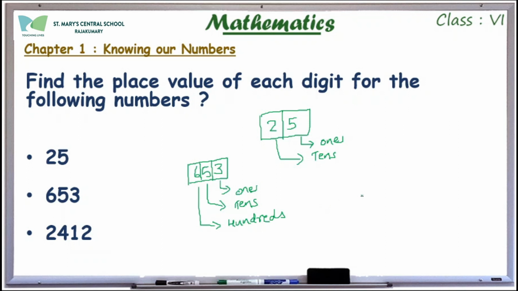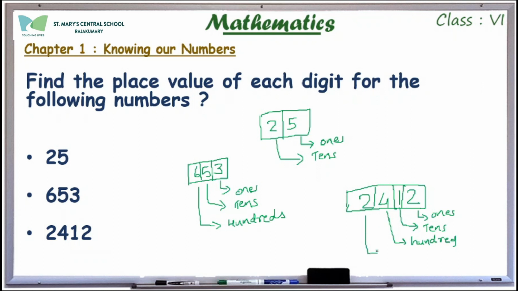And in the case of 2412, we have 4 digits here. Here 2 is at the place of ones, 1 is at the place of tens, 4 is at the place of 100, and 2 is at the place of 1000.